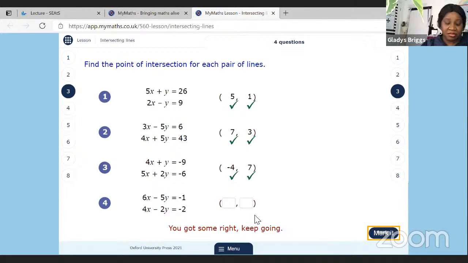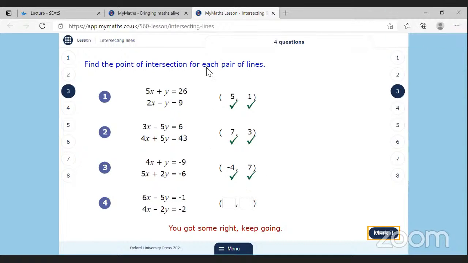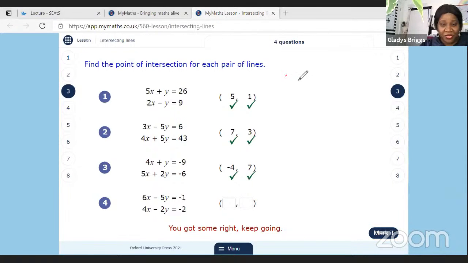Well done. Teacher, how do we do it? Okay. We multiply the first one by 2. So 4x plus y is equal to -9, and 5x plus 2y is equal to -6.